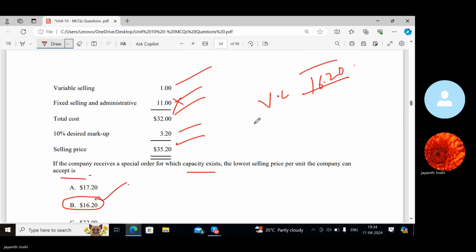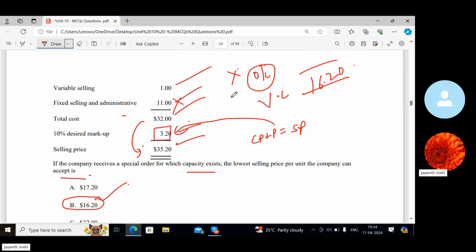What is the desired markup? Markup is the margin which you add to cost to get the selling price. Cost price plus profit is selling price, right? This markup is your profit margin. There is no opportunity cost given here, because they did not say how much you are going to spend for the special order. They just gave the information that you are going to take a special order and divert some resources for that.